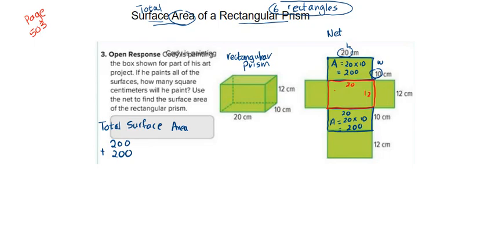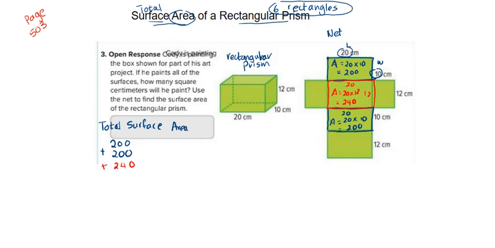So the area of this rectangle will be 20 times 12. And you know 2 times 12 is 24, and with that 0 is 240. So we're going to get another rectangle that's 240.